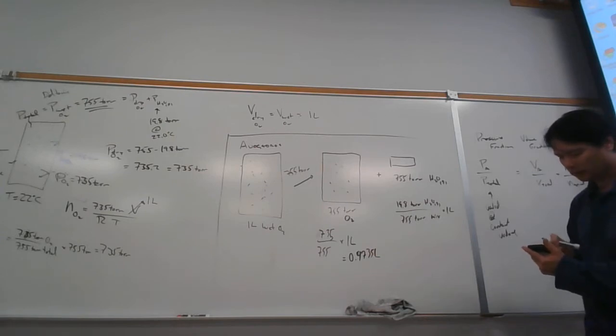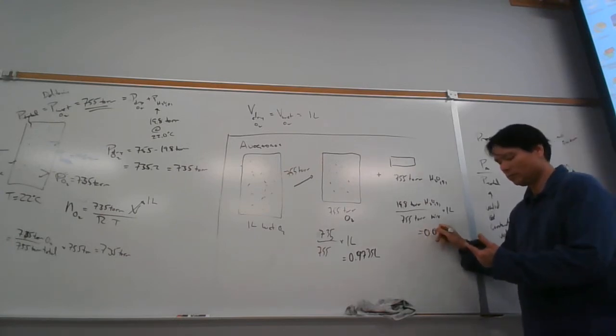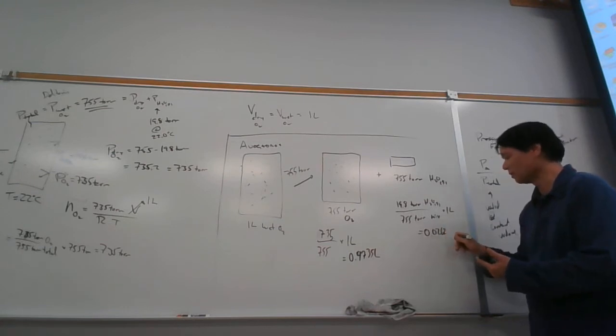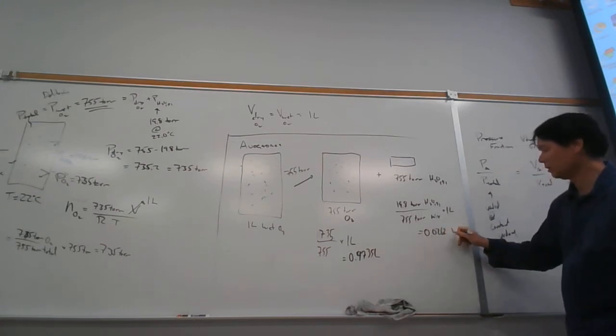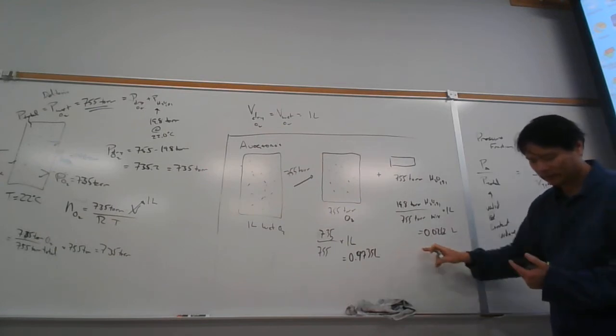So 19.8 divided by 755 times 1 is 0.0262 liters. This should add up to 1 liter.